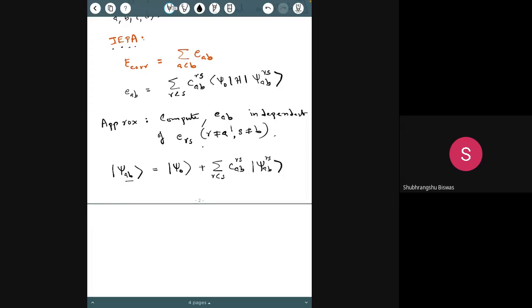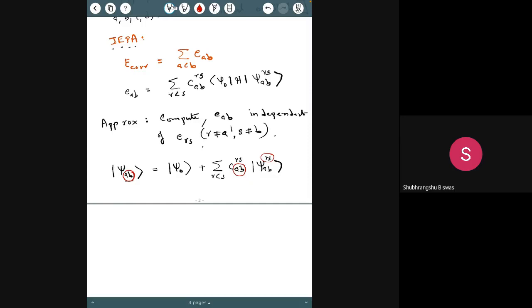The particular approximation here is that you can consider this AB as a single index, as a single variable.